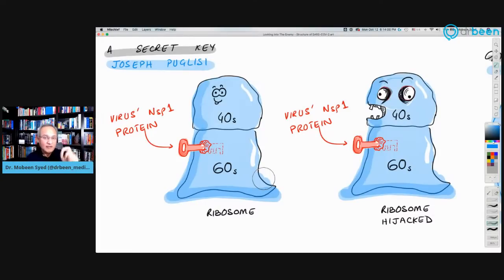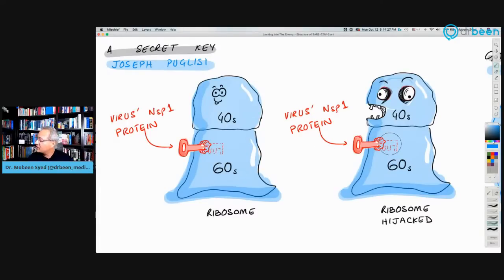And what the virus does is, the virus has a protein called NSP1. The very first protein generation from the virus produces a protein called NSP1. That NSP1 protein connects with our ribosome, which is our machinery to make proteins, and it has a secret location in the ribosome where it inserts the NSP1.